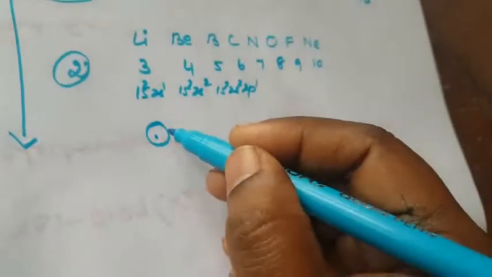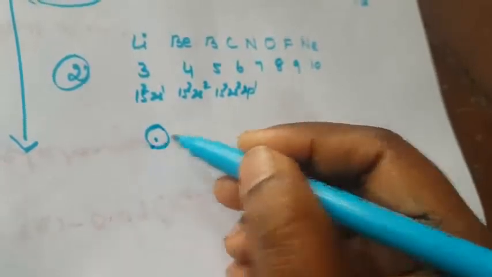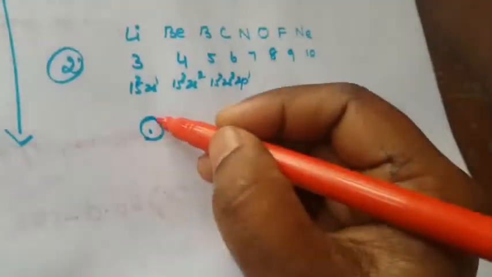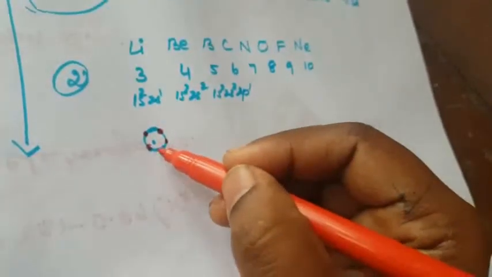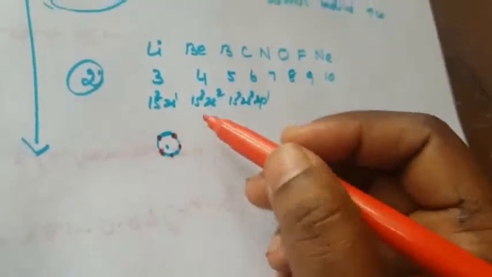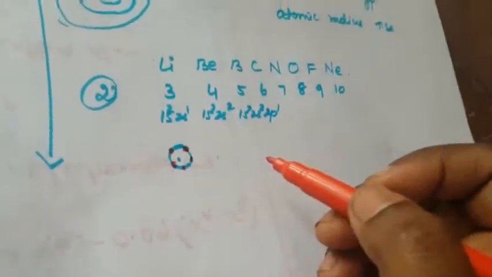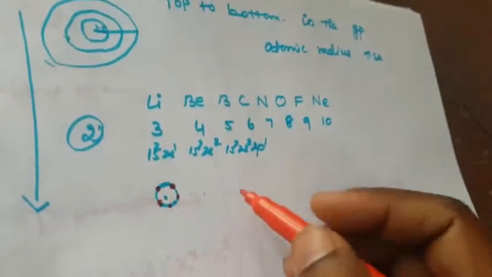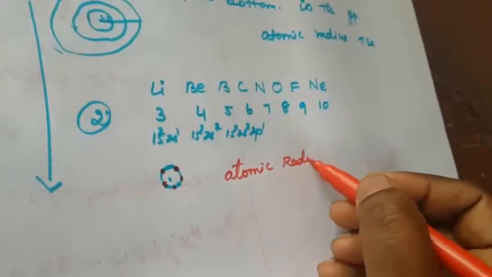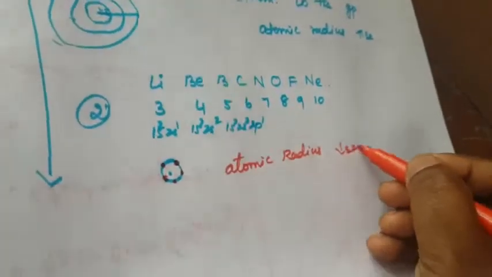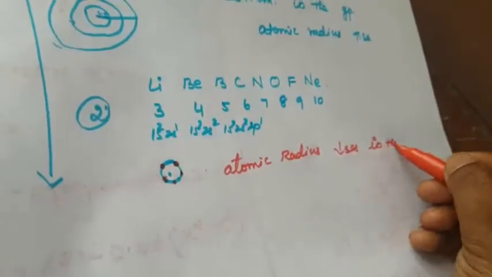Likewise the electronic configuration goes, and electrons are added. Here 3 electrons, next 4 electrons, then 5 electrons. The electrons are added in the same subshell. So that is the reason the atomic radius decreases in the periods.